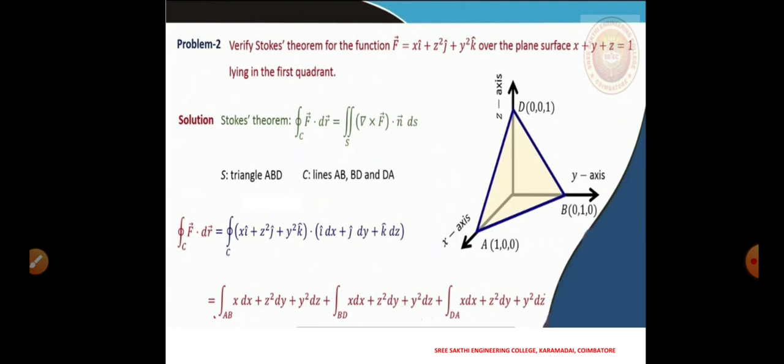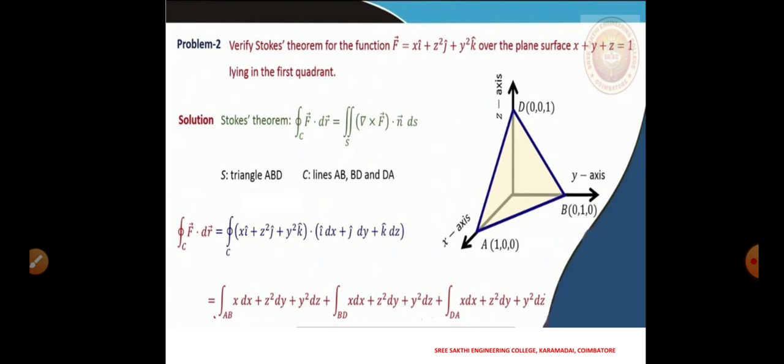This is the plane that we are talking about, lying in the first quadrant, given by ABD. It cuts the x-axis at capital A, (1, 0, 0), then the y-axis at (0, 1, 0), and the z-axis at (0, 0, 1).